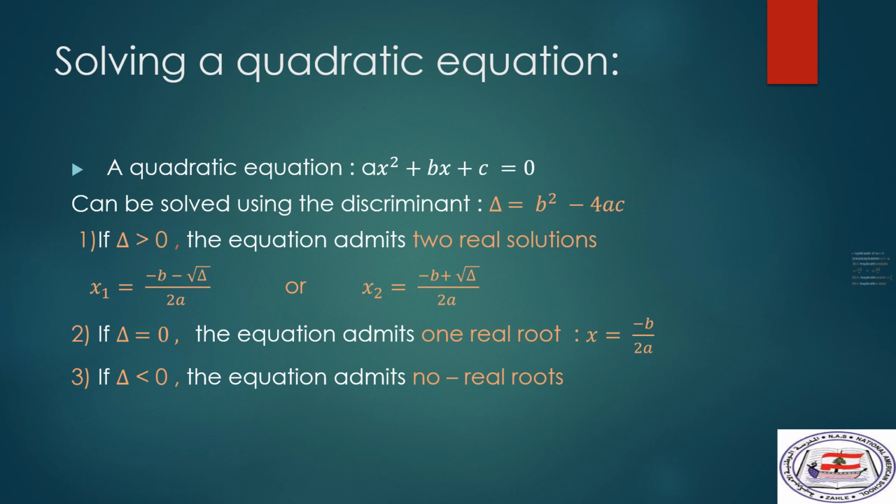When delta is greater than 0, the equation admits two real solutions. x1 in the form of minus b minus radical delta over 2a, x2 minus b plus radical delta over 2a. When delta is equal to 0, the equation admits one real root, x equal minus b over 2a, and when delta is negative, the equation admits no real roots.